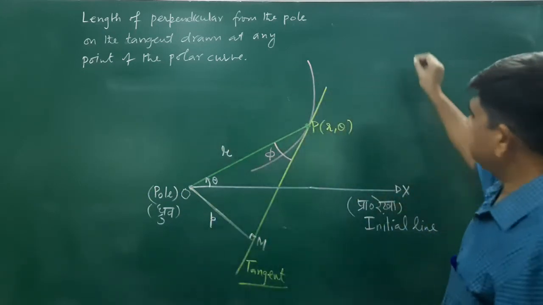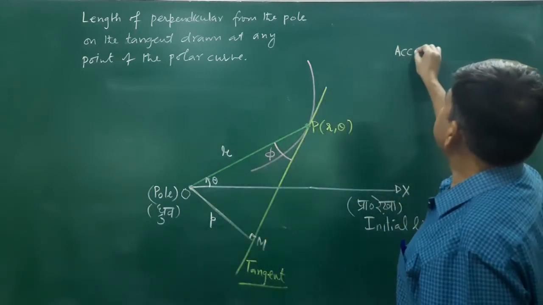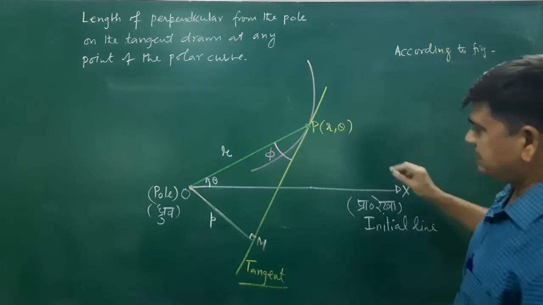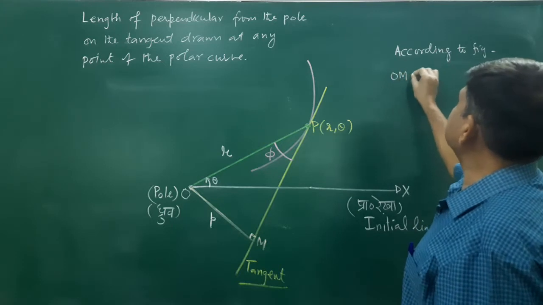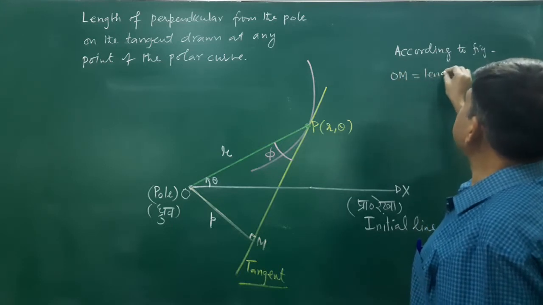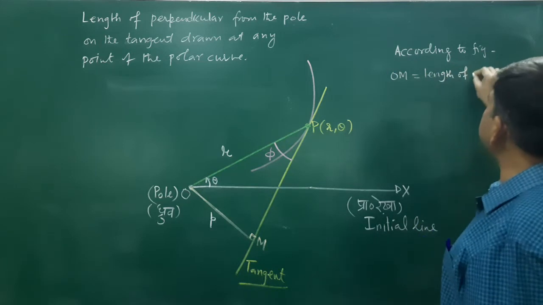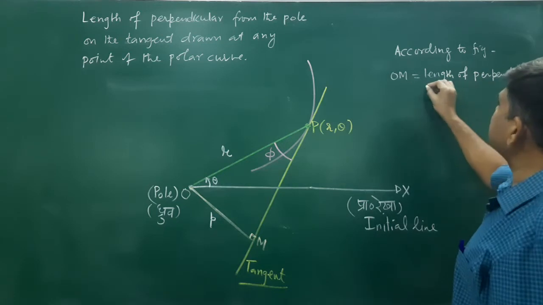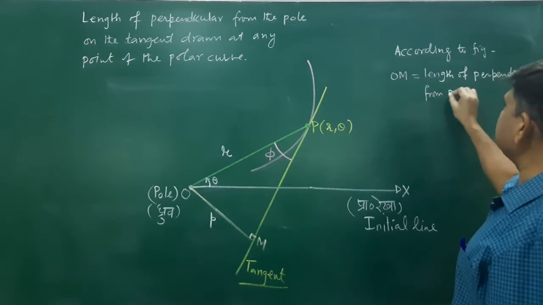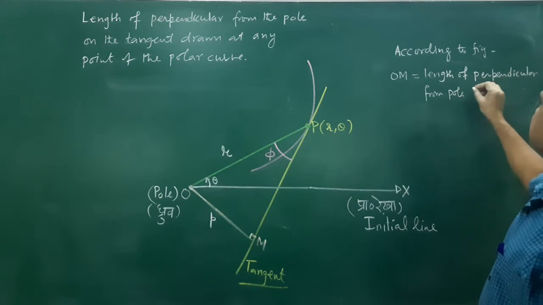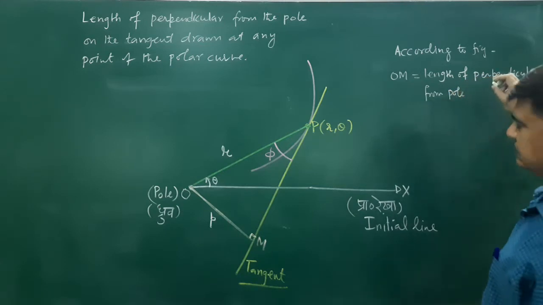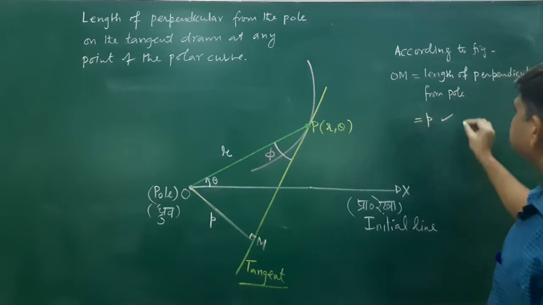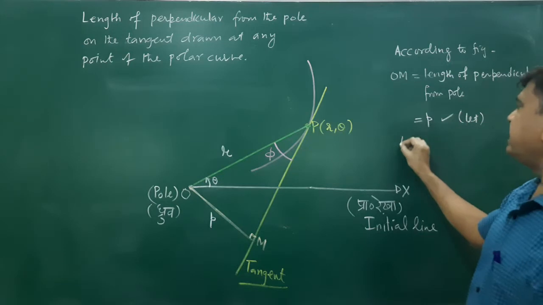So according to figure, OM, that is length of perpendicular from pole, this is p, length.